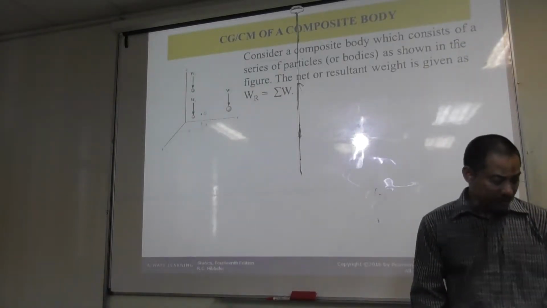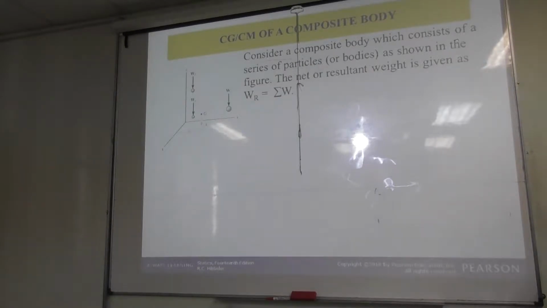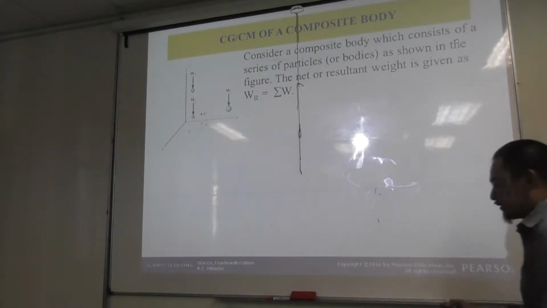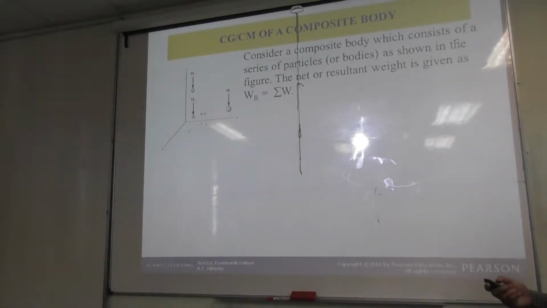Okay, so in terms of the theory, in terms of the concept, this is similar to what we have learned before. Basically, each object can be considered as a combination of atoms or small particles, and each particle will have its own weight.